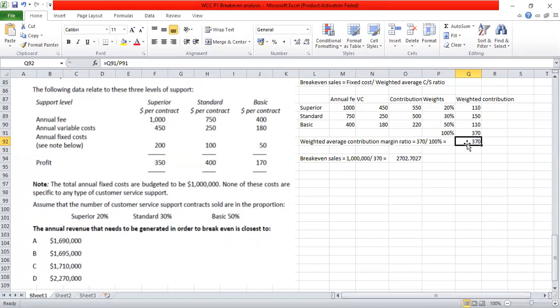This is 2, we got 2702. Where did we go wrong? I made a mistake somewhere. Please look into that. Not the answer.